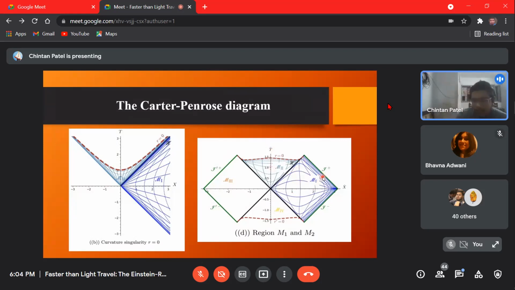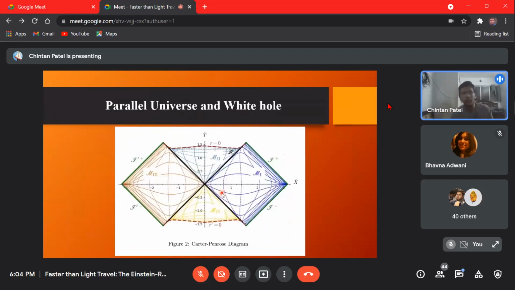The light coming from infinity to here has an origin. The light coming from inside the black hole has an origin. But what about the light which escapes from here and goes here? Or what about this region? You don't have anything here. You don't know what it is. So this diagram was called geodesically incomplete, because we don't have definite origins for where the light is coming from or where the light is heading. We didn't know about this region. So that was an incomplete diagram.